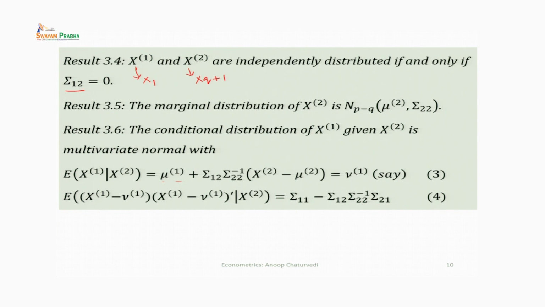Again, you can easily verify that when sigma 12 is equal to 0, then this part of the mean vector vanishes, and the expectation of x1 given x2 becomes mu 1, and the conditional variance covariance matrix becomes sigma 11, because for sigma 12 equal to 0, this part becomes 0.